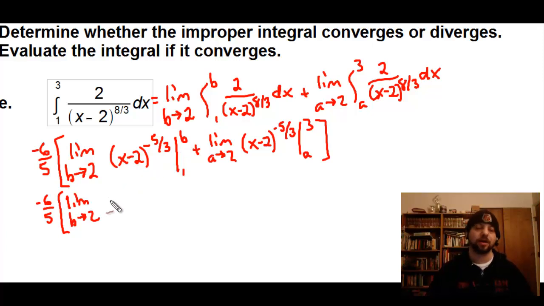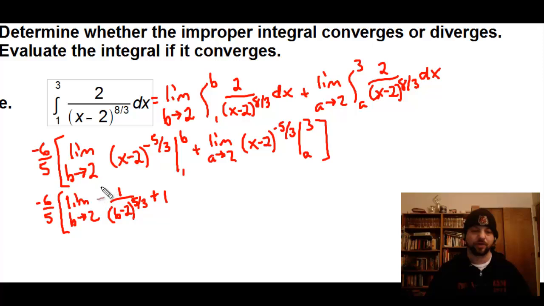I'll stick b in here, and what that'll do is essentially give me 1 over, I'll write it this way so that it might be easier to see, (b − 2)^(5/3), all right? And then I'll subtract whatever I get when I plug 1 in there. In fact, when I do plug 1 in there, what I'm going to end up with is a +1.